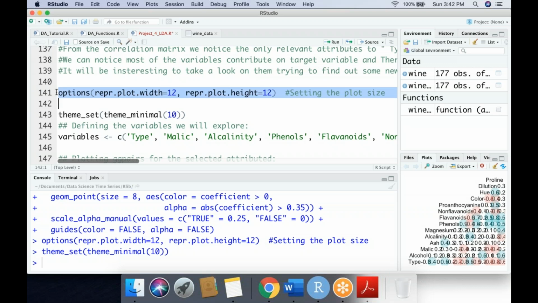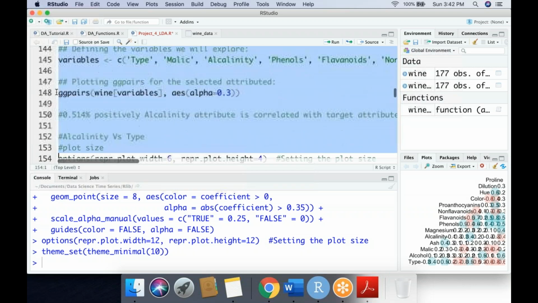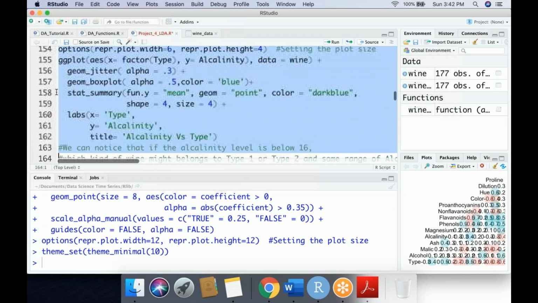Now I'm just sharing the next part of the code with you, then I will run it.